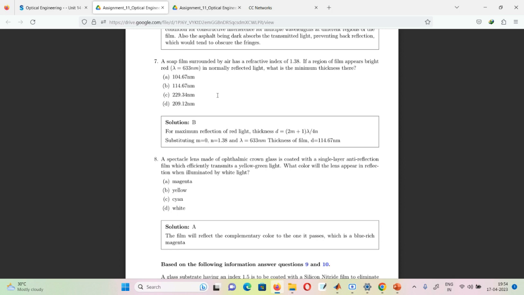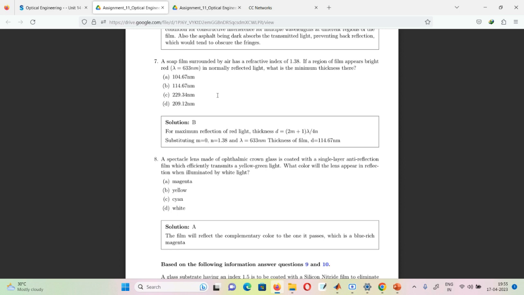I am saying that a soap bubble cannot be formed with less than 500 nanometer thickness. If it is a soap bubble, it will have a minimum of 500 nanometer thickness. It can have more than 500 also, but minimum 500 nanometer should be the thickness.